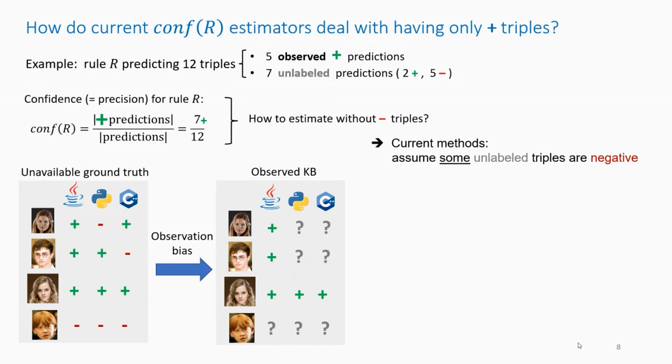However, we only have 5 positive predictions observed. So, how can we estimate this confidence from the observed knowledge base without knowing whether the unlabeled triples are positive or negative? Well, existing confidence estimators do this by assuming that some of these unlabeled predictions or triples are negative. We'll look at the 2 most common assumptions for assuming unlabeled triples as negative.